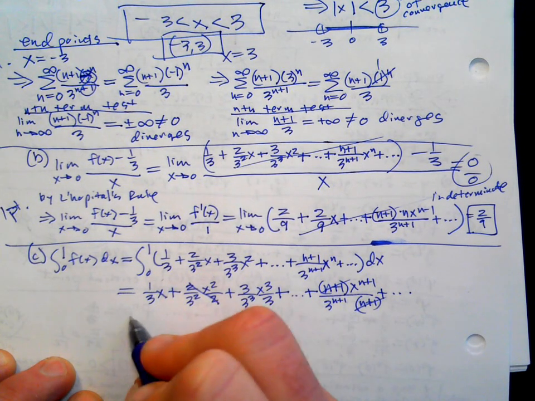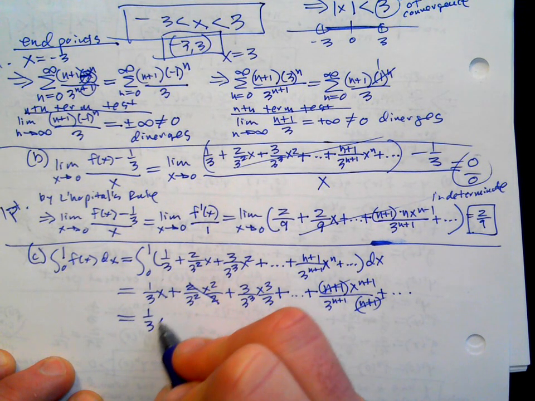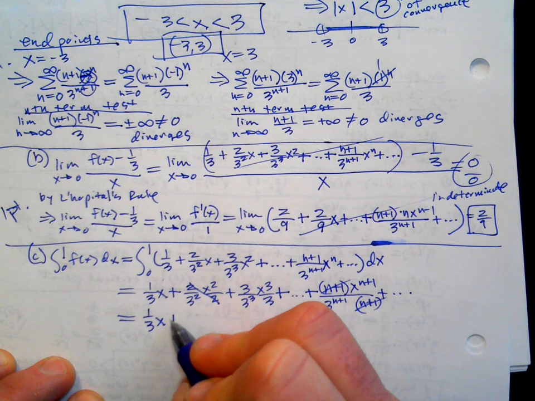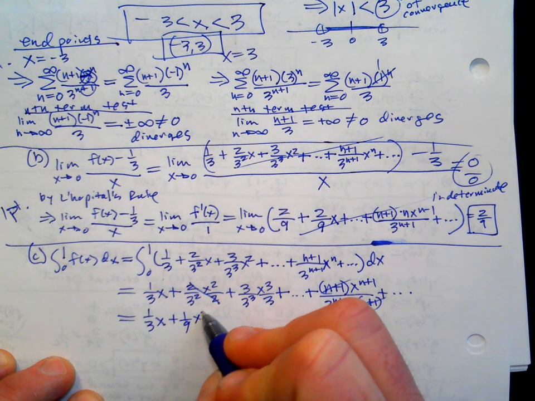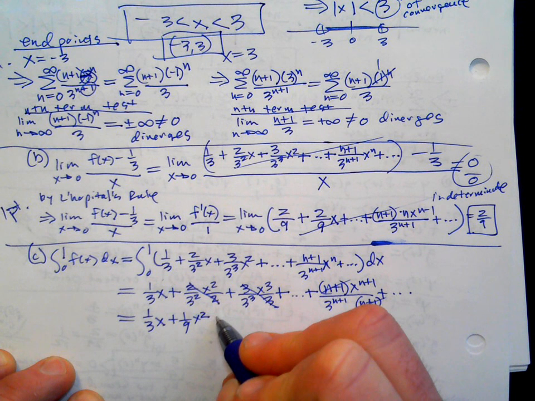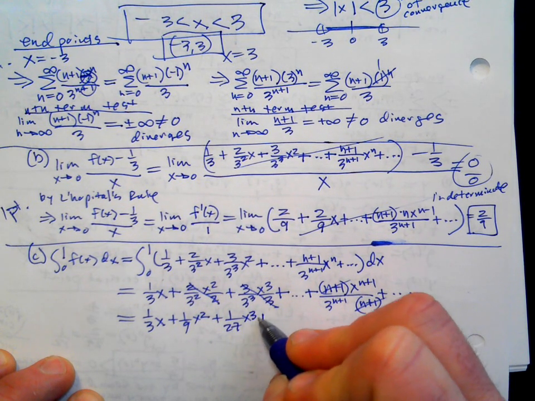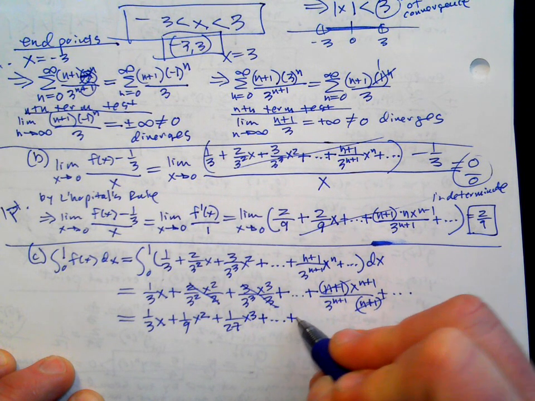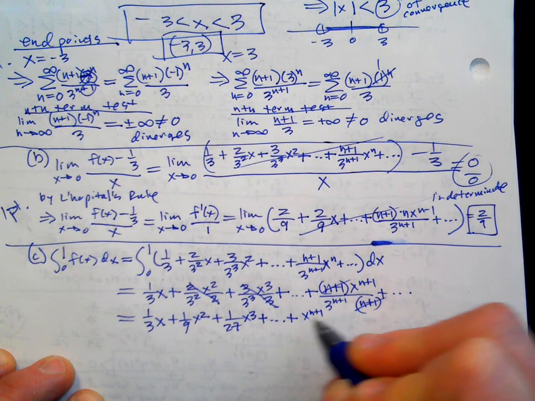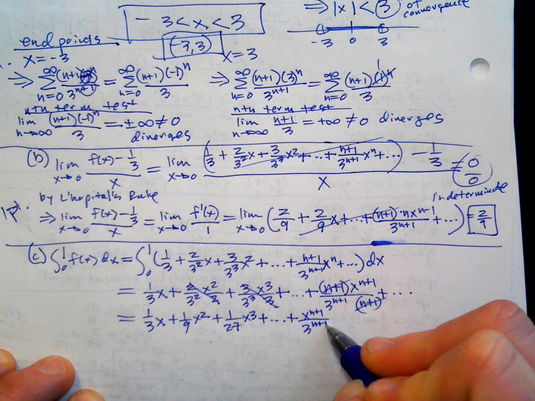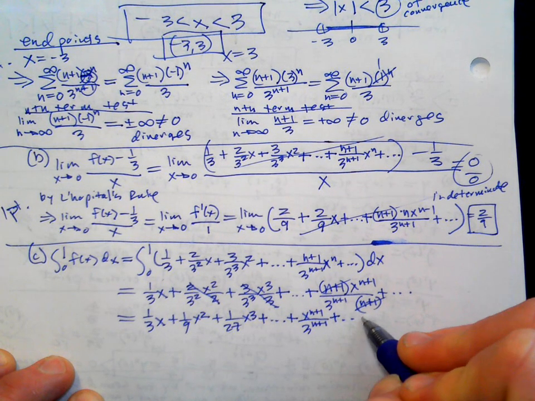So I'm going to clean that up. That's 1/3 x plus 1/9 x squared plus 1/27 x cubed plus dot dot dot plus x to the n plus 1 over 3 to the n plus 1 plus dot dot dot.